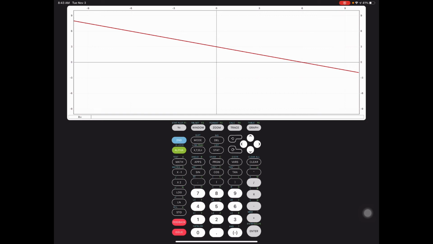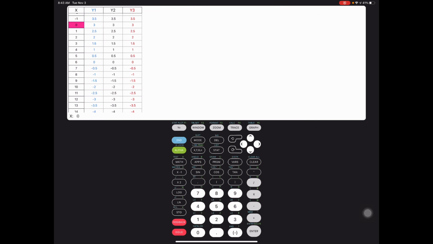But if you'd like to see the table, you are going to hit second graph, and that will take you to what the table values are. This is where you will go to write down your work. So now when you are graphing, you will graph it, look at the table, and give me a snapshot of the table as your work.